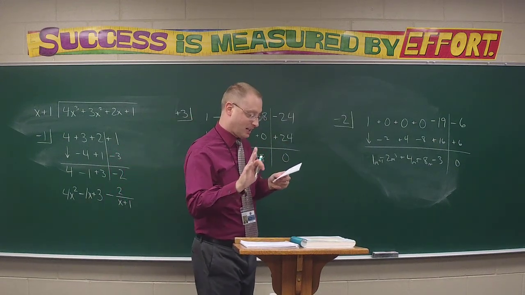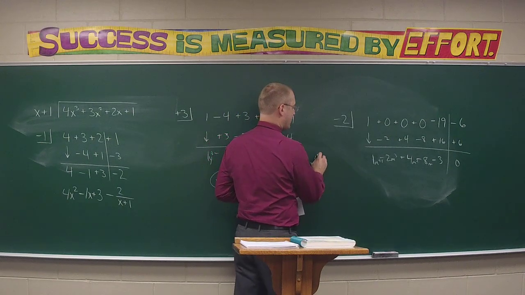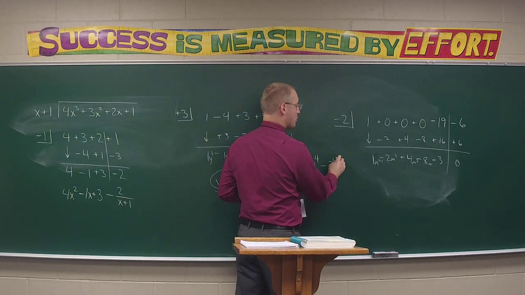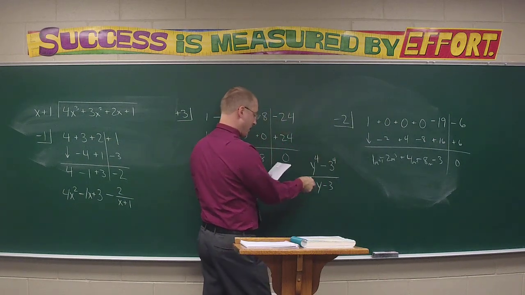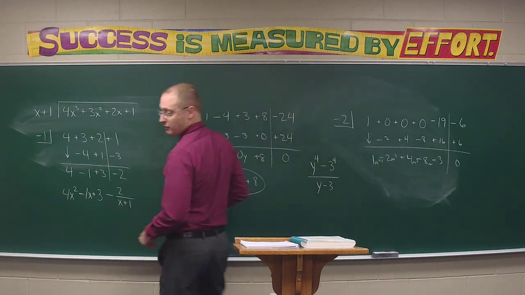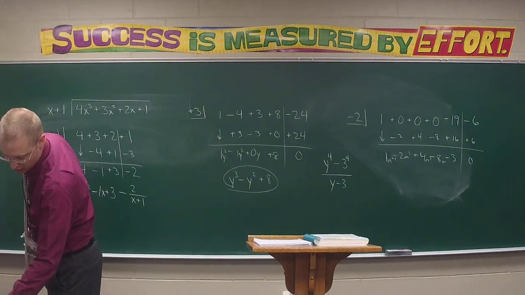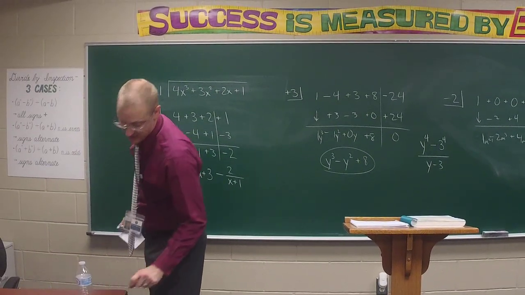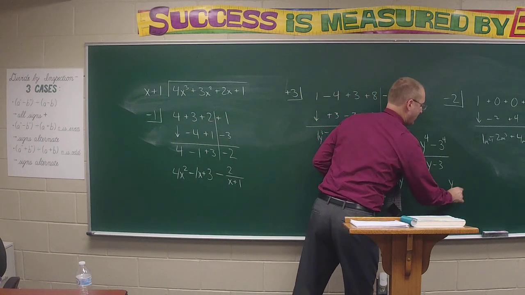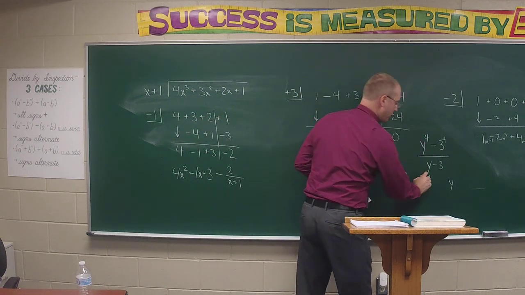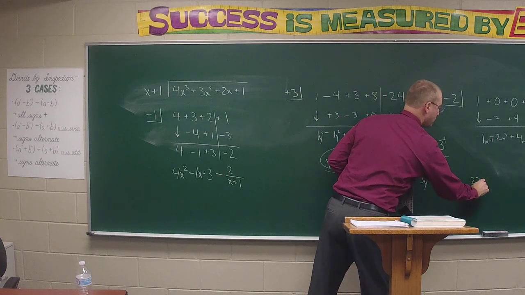Now here, technically, class, y to the 4th minus 81 divided by y -3, you could have used the division by inspection we talked about in our last lesson. You could have said y cubed, y squared, y to the 1st, y gone, 3 gone, 3 to the 1st, 3 squared, 3 cubed.